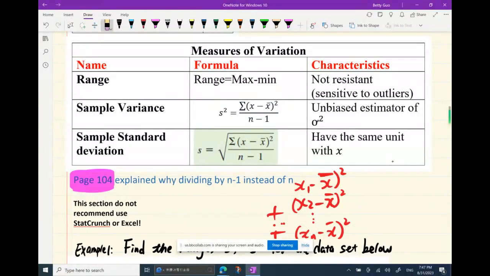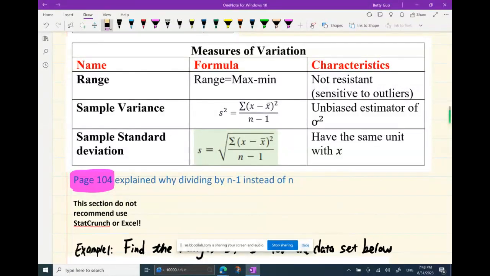Do you think the formula of the sample variance makes sense? Do you think the value computed by using the formula does describe the variation? Firstly, it includes all the values in the data set, right? We use each single value minus the mean. Those are deviations. Deviations describe how they spread away from the center.